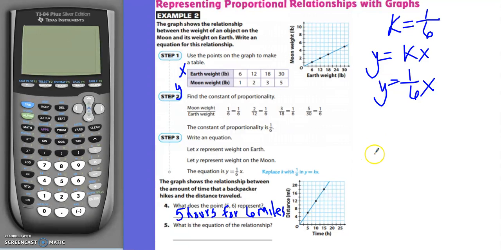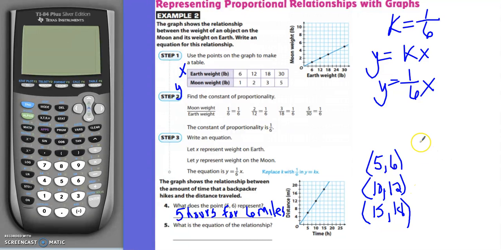So this first ordered pair is 5, 6. The next ordered pair is 10, 12. And the next ordered pair is 15, 18.